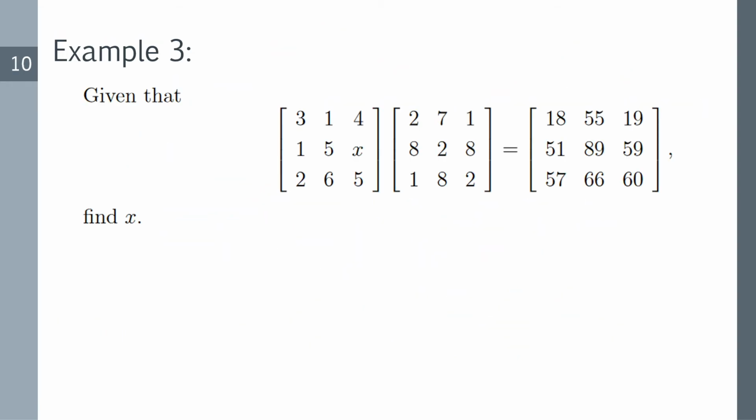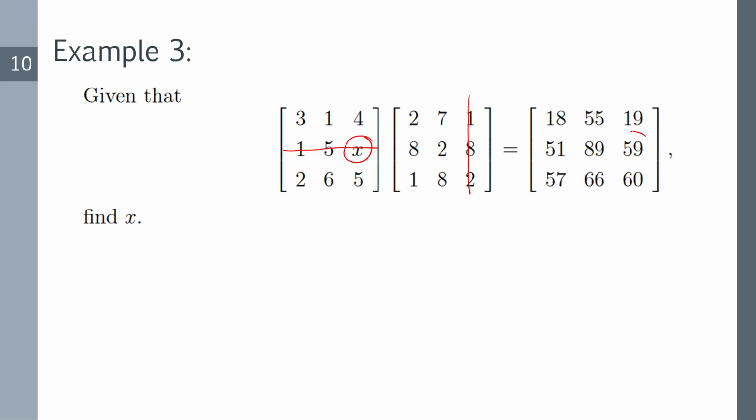Now, given that you want to multiply these two matrices and find the value of x, you can multiply everything and compare, or we want to cut our life short, so we just use the second row multiplied with my third column.